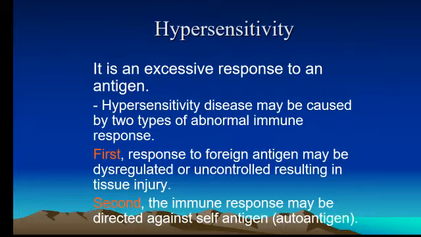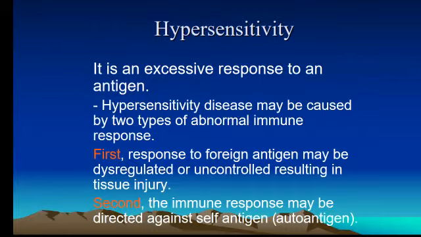The second being that the immune response may be directed against self-antigen, autoantigen. So the first one is a dysregulated response. The second is directed against self-antigen. This is slide number 11.